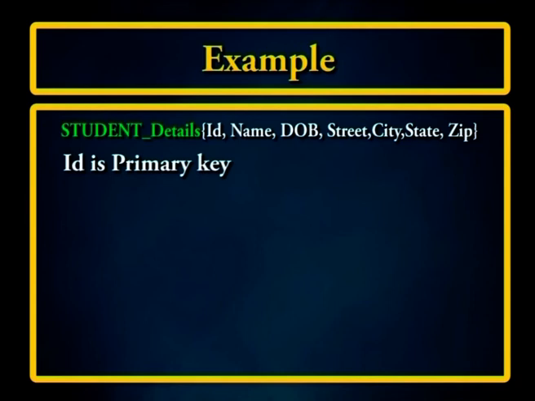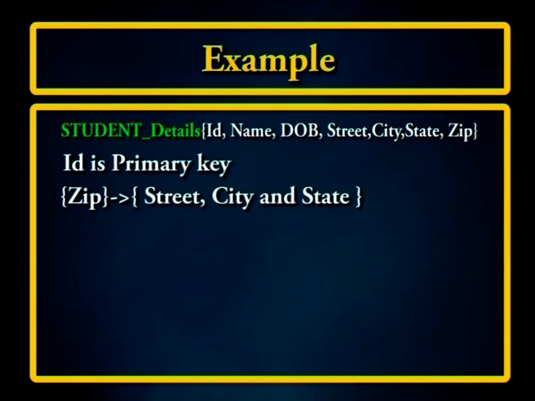In this relation, ID is the primary key, but street, city and state depend upon zip, that is, zip functionally determines this set of attributes, whereas zip depends on ID. This dependency is a transitive dependency.